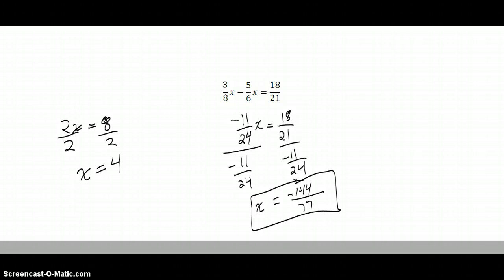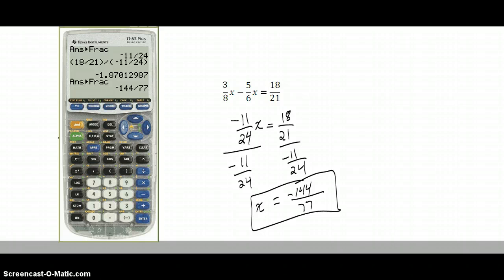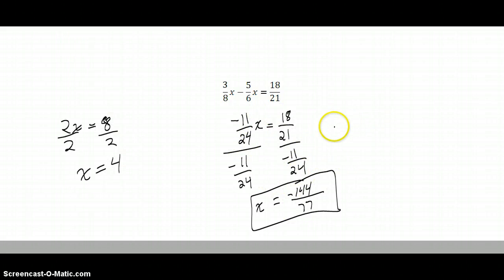Okay, so we could go ahead and write this as negative 144 over 77. And the other thing that we could do, if you did remember how to solve this without having to use your calculator, is use the reciprocal, which would have been 24 over 11, which gets multiplied on both sides.